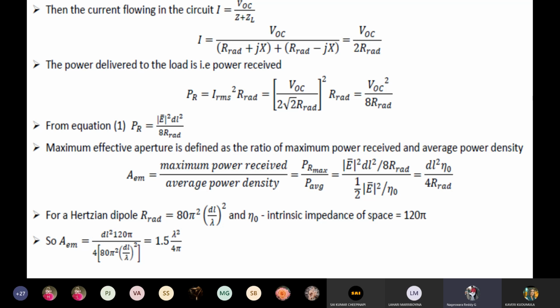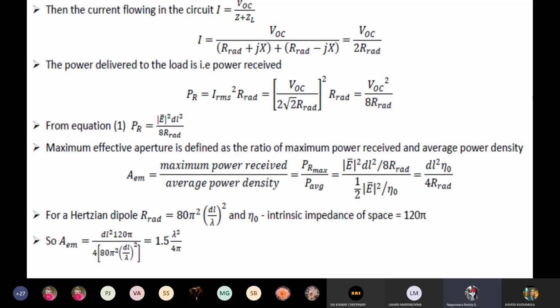The power delivered to the load, the power received P_R, is equal to I_RMS squared into radiation resistance, that is equal to (V_OC by 2 root 2 R_rad) whole squared times R_rad, so P_R is equal to V_OC squared by 8 into radiation resistance.